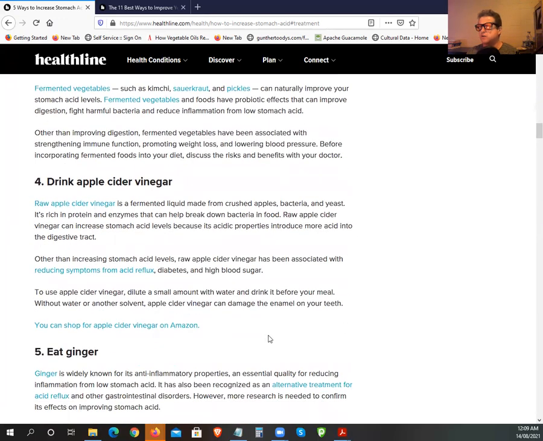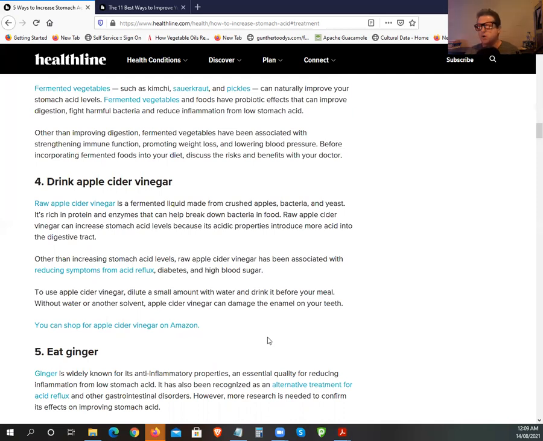Drink apple cider vinegar. Eric Berg's favorite beverage, yes. Just avoid brushing your teeth later on because you may destroy your enamel or damage it at least at a minimum. So no, it's probably not the best solution. The pH of apple cider vinegar isn't as low as we require.